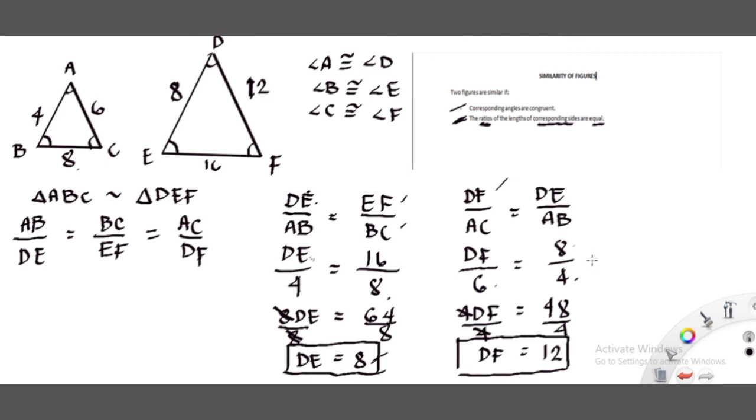And then you do cross multiplication, result agad yan dito sa final answer. So, whichever way you want to do, as long as tama yung solution, we will still come up with the same correct answer. So, that is how we solve for the value of the missing parts of similar figures.